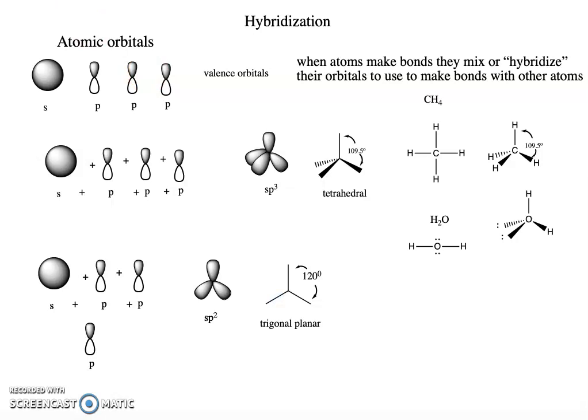So I want to start with CO3 2-. And just like we did with the tetrahedral, the first thing we need to do is make sure we draw the Lewis structure. So here's the Lewis structure. You notice that there are 3 different things off of the carbon, 3 oxygens, and they are in a trigonal planar orientation.